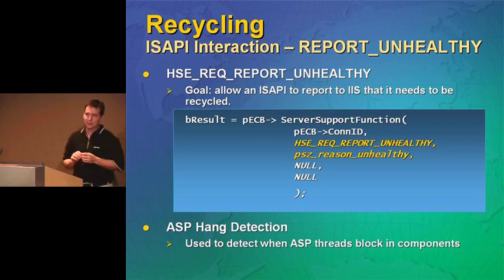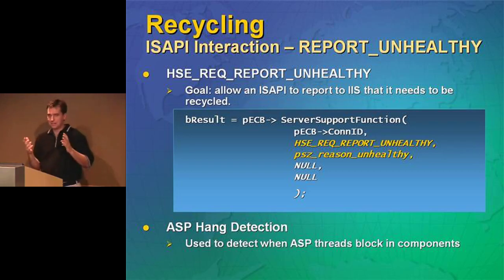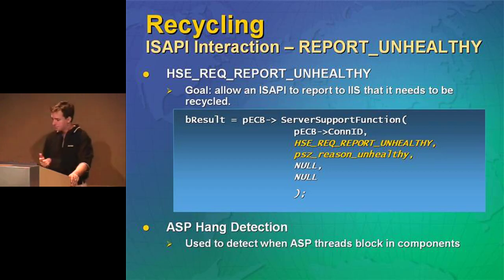So ASP has built in some logic that it can tell when its internal threads become deadlocked, and it can't really restart them. Basically the only alternative is to shut down and restart the process. So that's a new feature of ASP, ASP hang detection, and that's based on the usage of this server support function, report unhealthy.